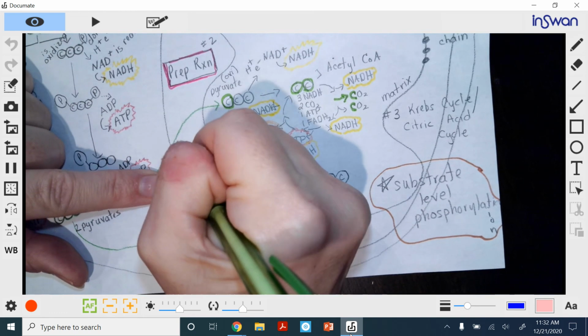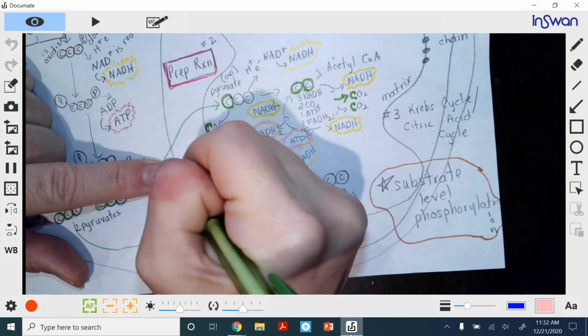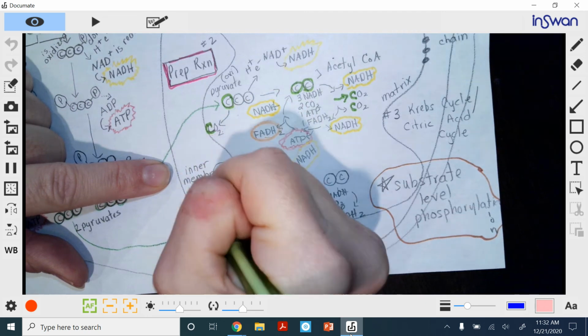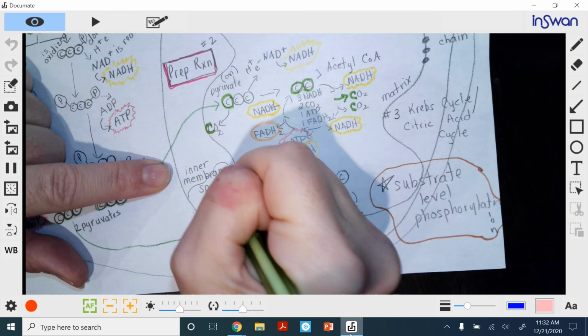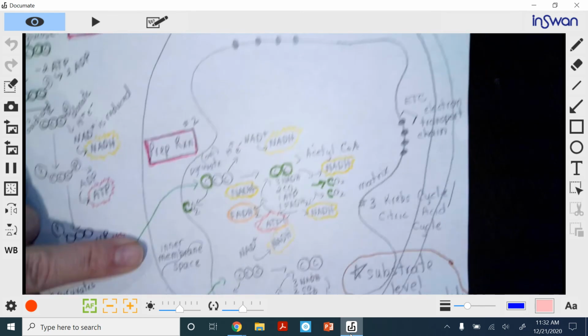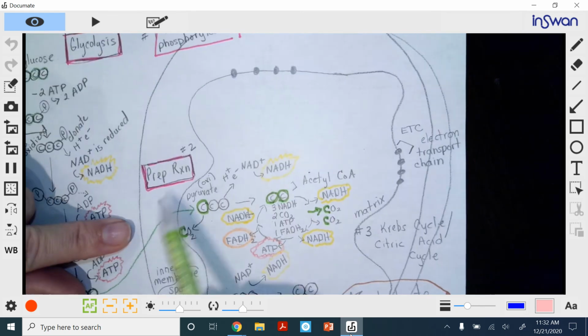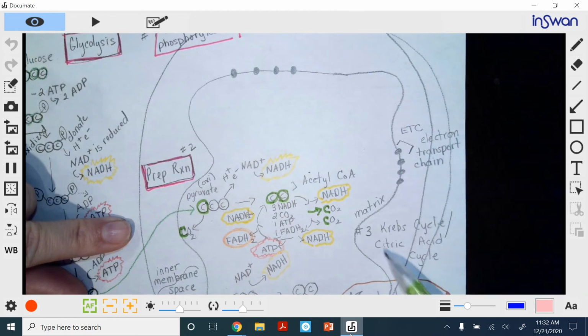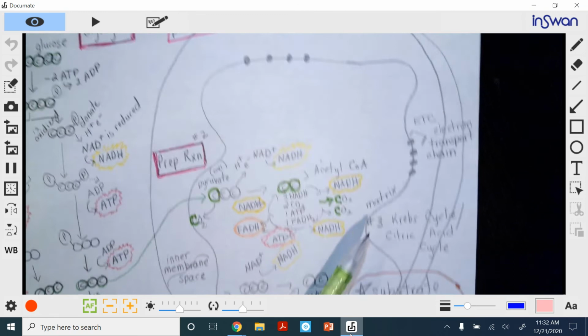It's called the inner membrane space. So if I was going to shade it, which I wouldn't, I could shade it all through here. That is called the inner membrane space.